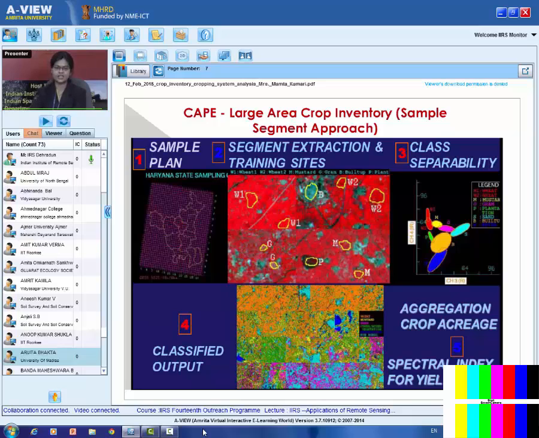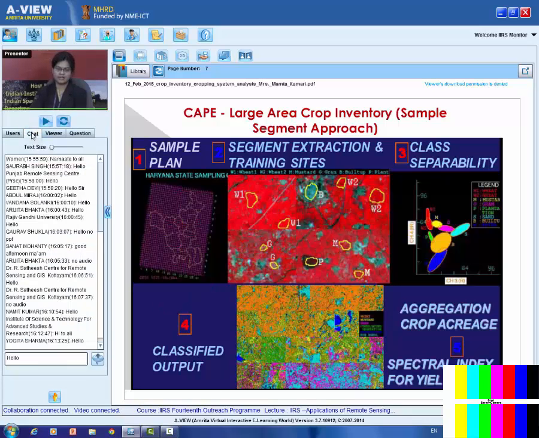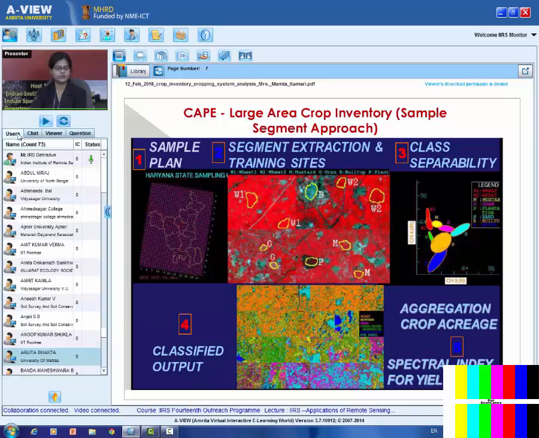Other classification techniques are also available, like neural network and object-oriented classification, but all those classification techniques are under development and are not being used operationally. Like for high resolution data, there is variability in a single crop also.